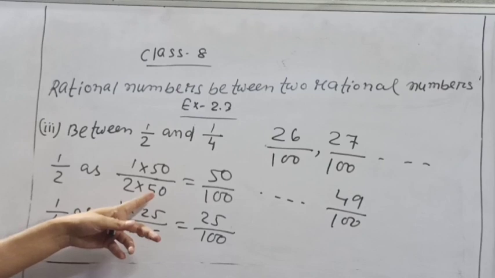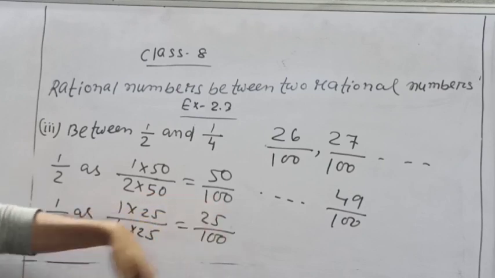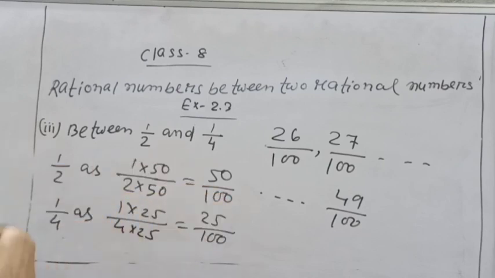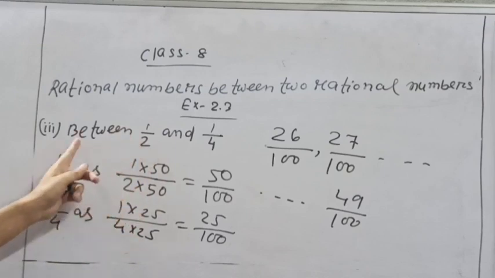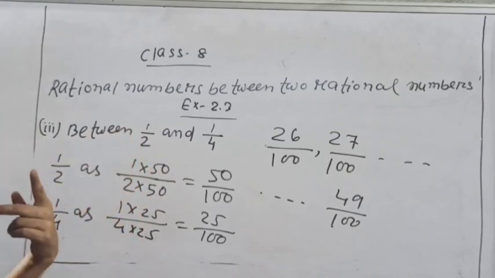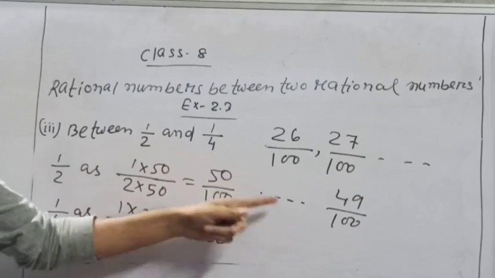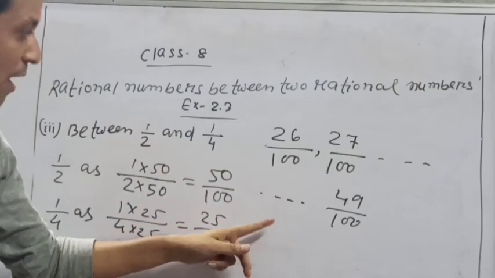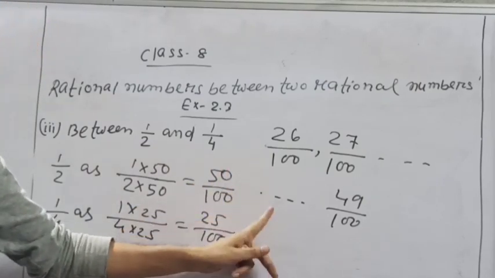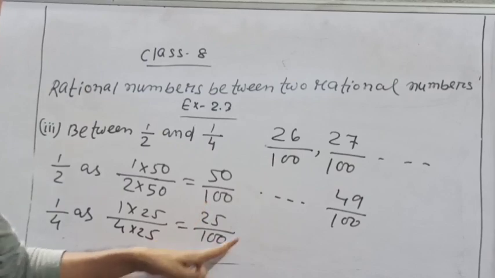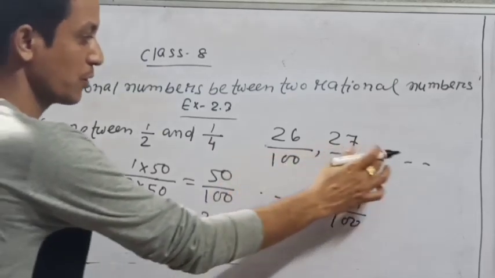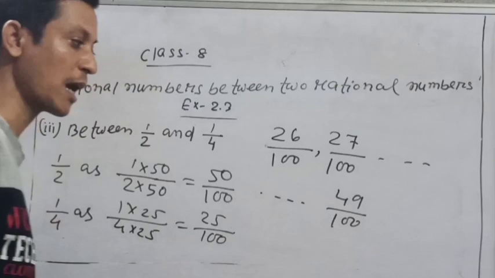If you make the denominator 1000, you get more; 10,000 will get more. But here I have to find only one rational number in the book. I have found more than one, nearly 24. Yes, exactly 24. So 26, 27, up to 49 by 100.